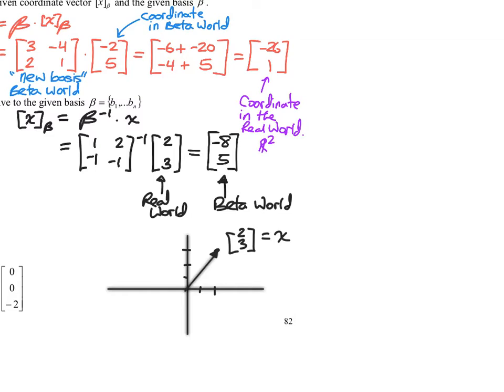Now we have these basis vectors. 1, -1, and 2, -1. So I'm going to sketch those out too. So here's one basis.